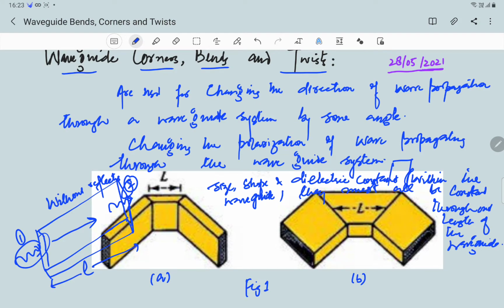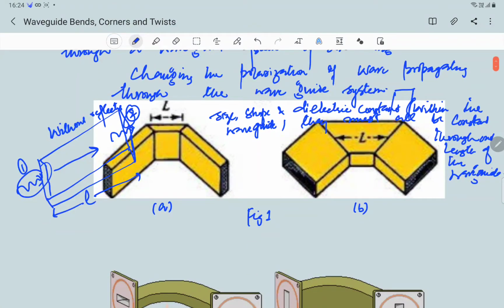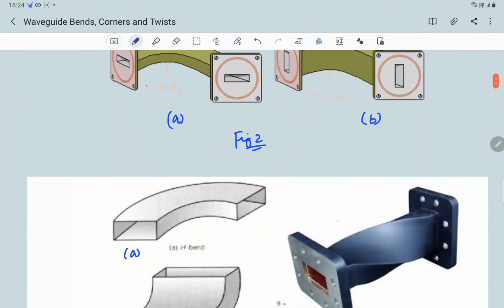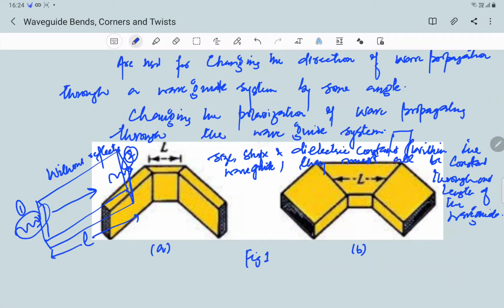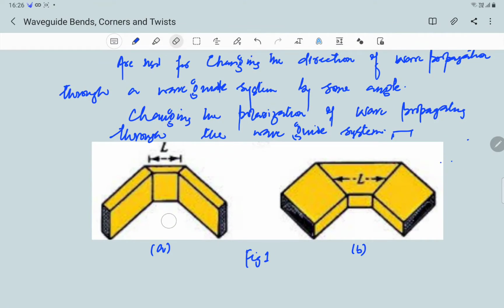So in order to prevent such losses from reflections especially, there must be some design equations or some fundamental things when it comes to designing these corners, bends, or these twists, so as to avoid these losses. So first let us discuss the waveguide corner, shown in figure 1.